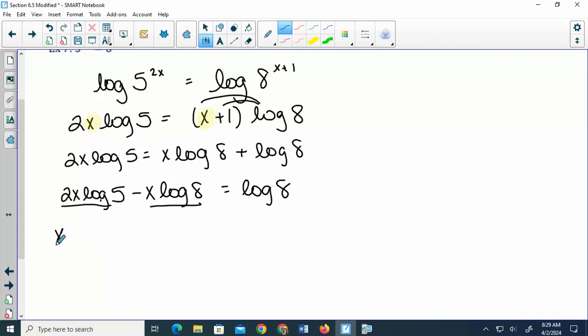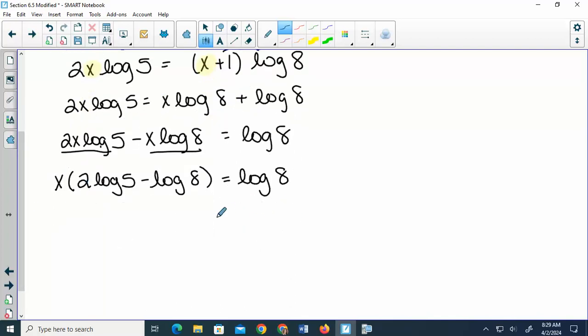So if I factor out the x, I have x times something. What's the opposite of multiplying? So we get log 8 over 2 log 5 minus log 8.